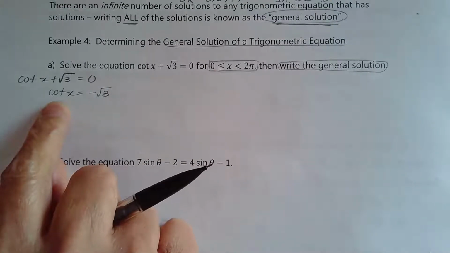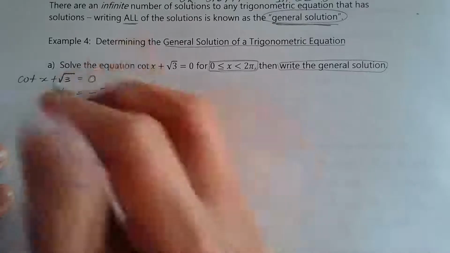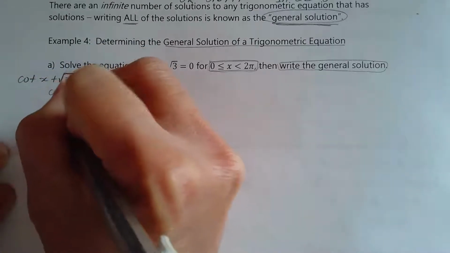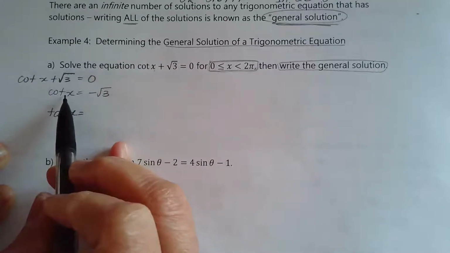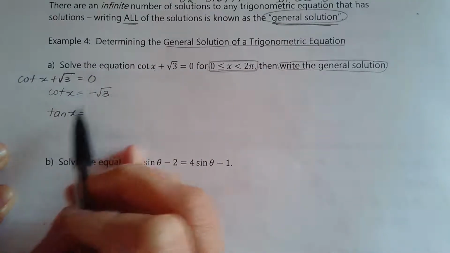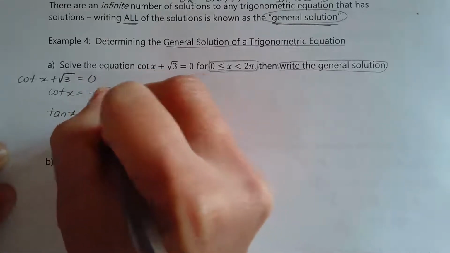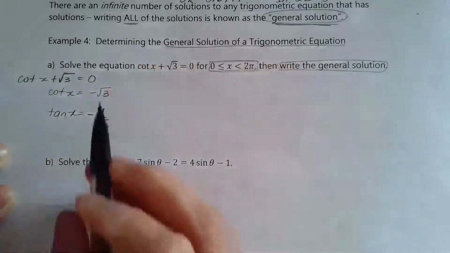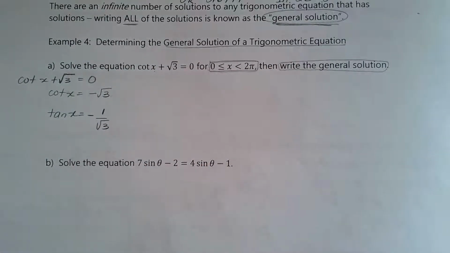The reciprocal of cotangent is tangent of x. So if I take the reciprocal, I get tangent of x equals negative 1 over root 3. And where is tangent negative 1 over root 3? Going back to my unit circle here.